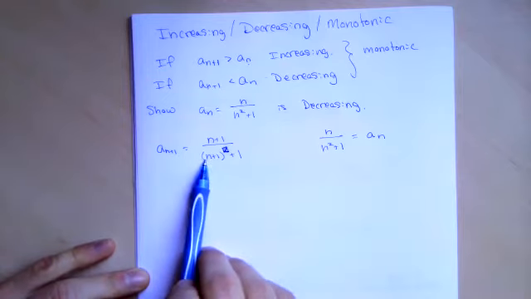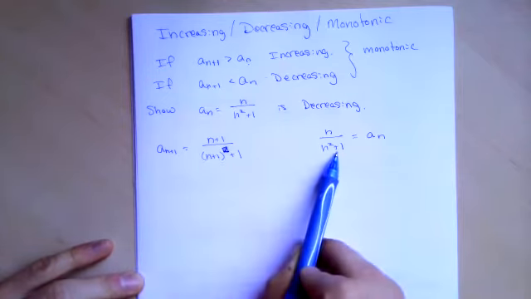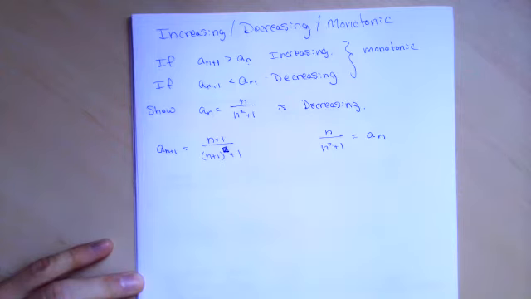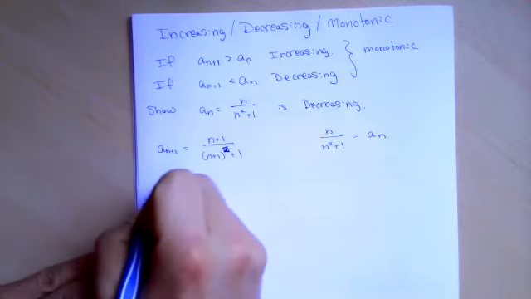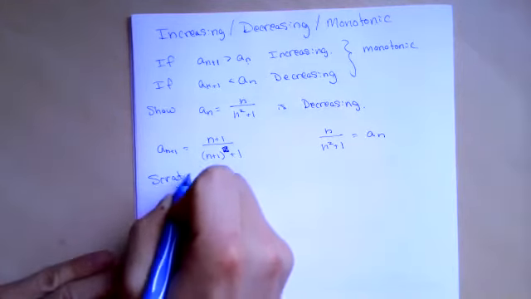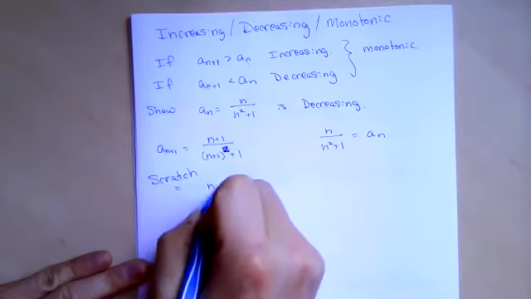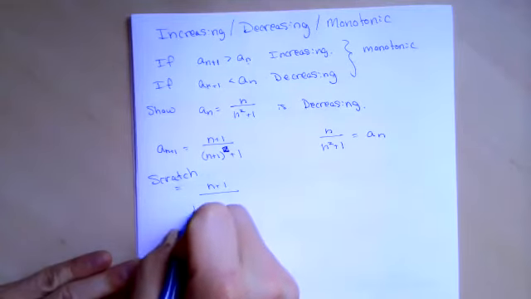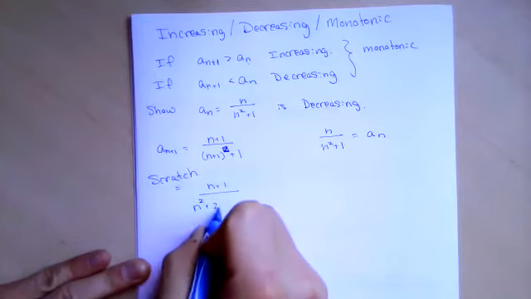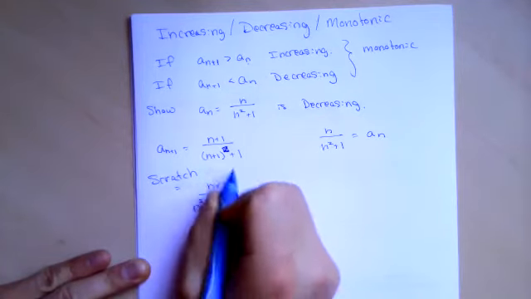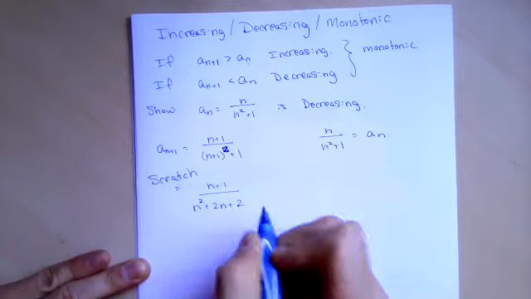But then foiling it out isn't going to give us a good sense of how to compare it with that. We can try. So let's take a look. So let's do some scratch work. We want to manipulate this guy around a little bit. So about the only thing I'm seeing is to try to FOIL things out. So we'll have (n+1)^2.